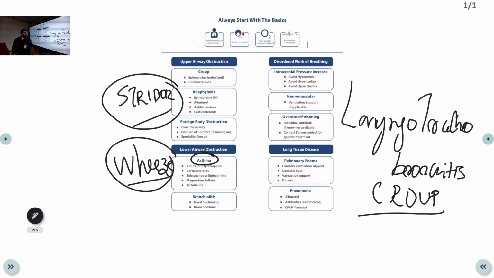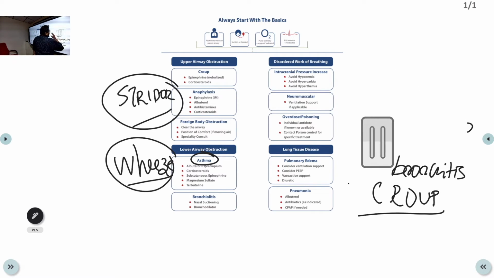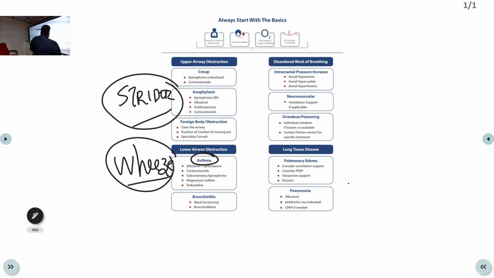Now we come to the next one, that is the lung tissue. So we have come through the upper airway, lower airway, and now the lung tissue. In lung tissue, we can have two issues. You can have fluid overload states, which we can call pulmonary edema. Pulmonary edema is not very common in a child, but remember that if the child already has some cardiac issues, has undergone some surgeries, or has cyanosis, pulmonary edema can be one of the reasons why the child is breathless now.